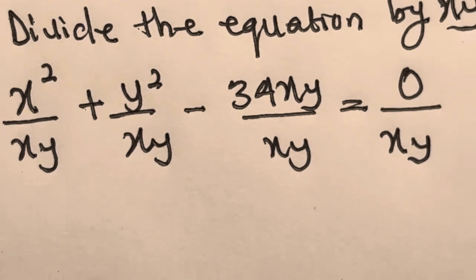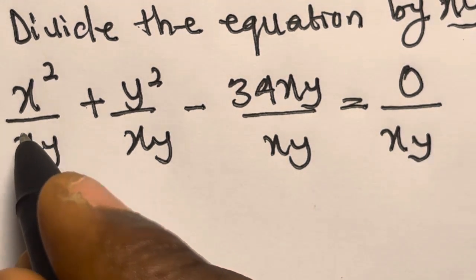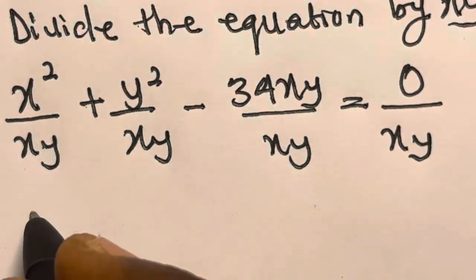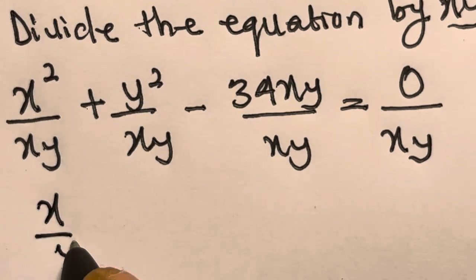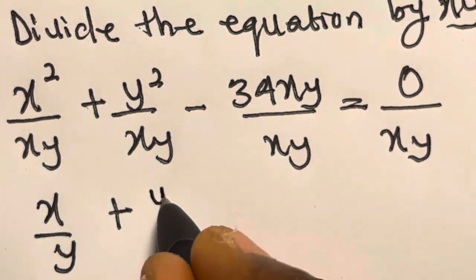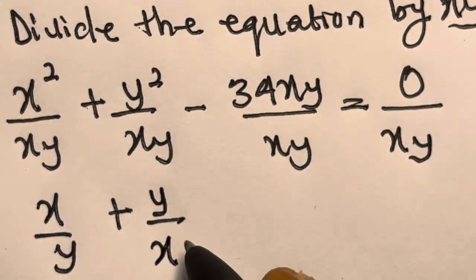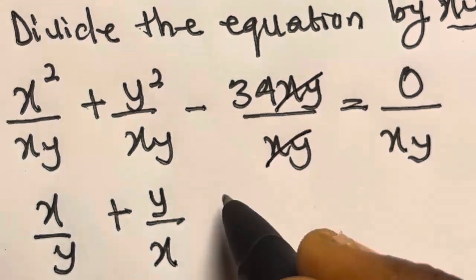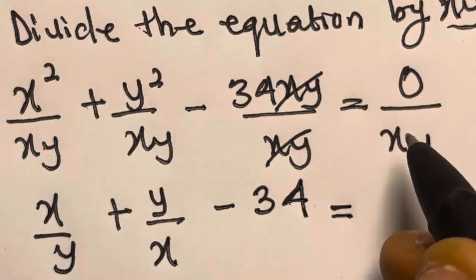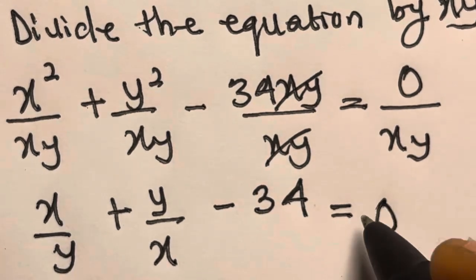One x will cancel this x. So what we are left with is x divided by y, plus y divided by x. Then we cancel this, and totally we have minus 34. This equals 0 divided by xy, which gives 0.